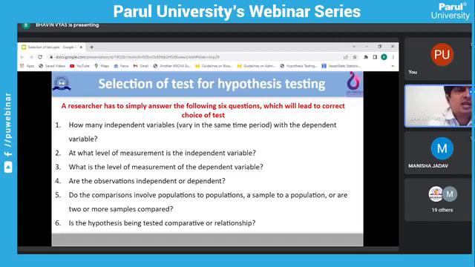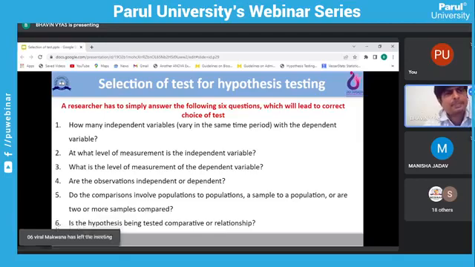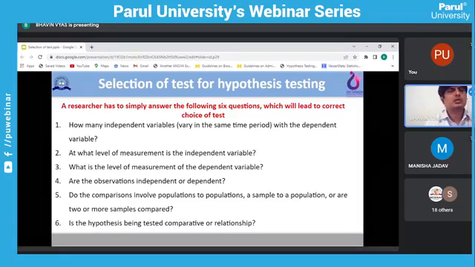So, how many independent variables do you have, along with the dependent variable? If you have one independent variable with one dependent variable, then there is a test. At what level of measurement is the independent variable?